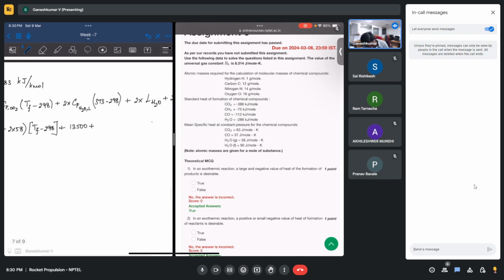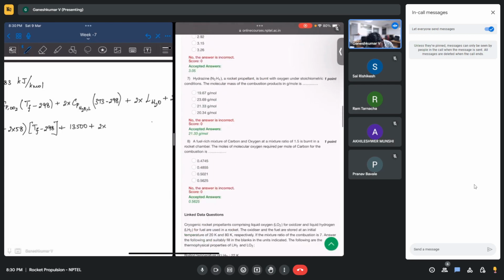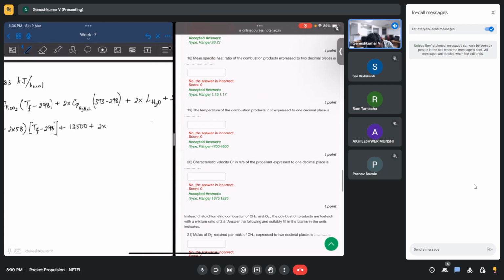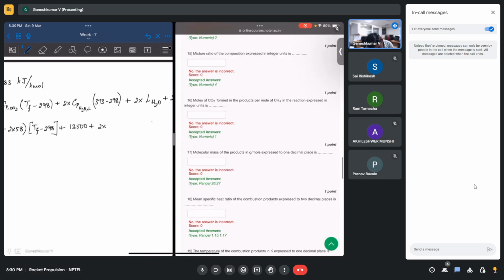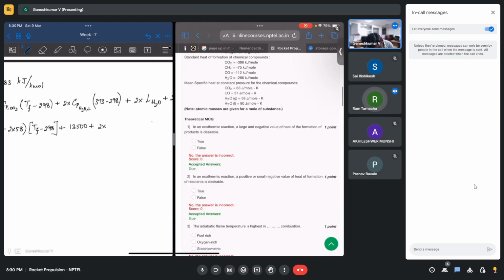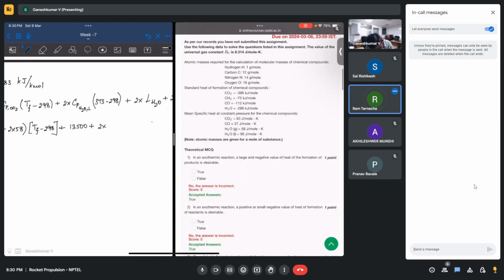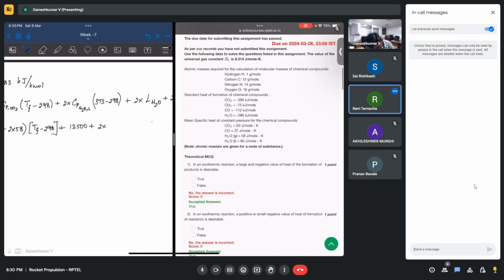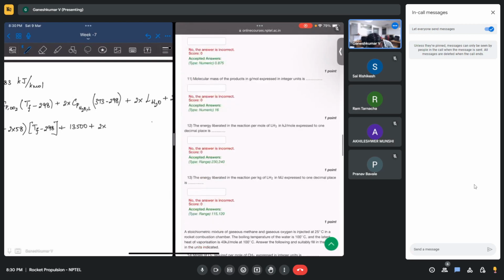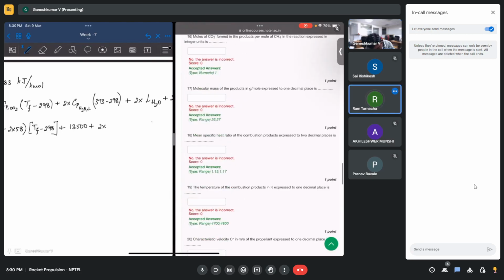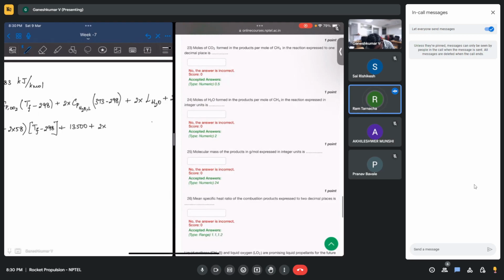Plus latent heat of vaporization of liquid is also given. Was it given here, latent heat of vaporization? Yes. No. Where was it given in the question? Oh, maybe I'm taking another question.